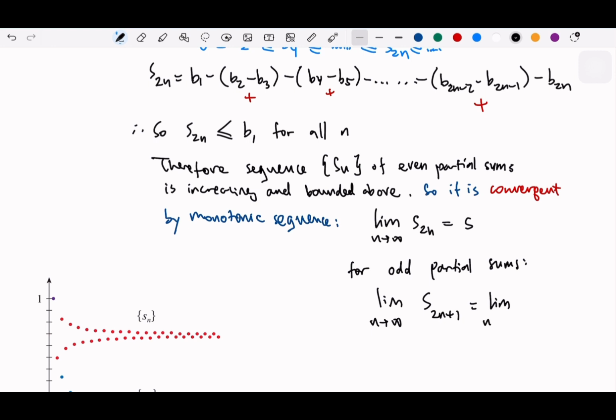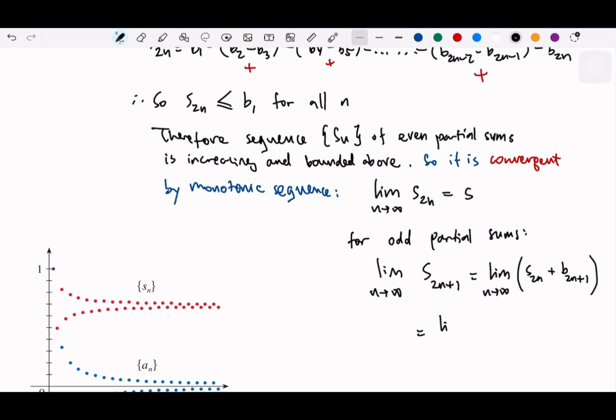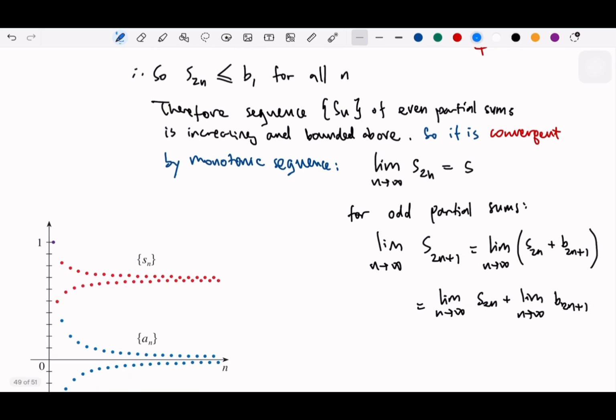And we can write this, and since this is going to be 0, this will be equal to S. So both odd and even will have the same conclusion, that is S. So the whole series will be convergent.